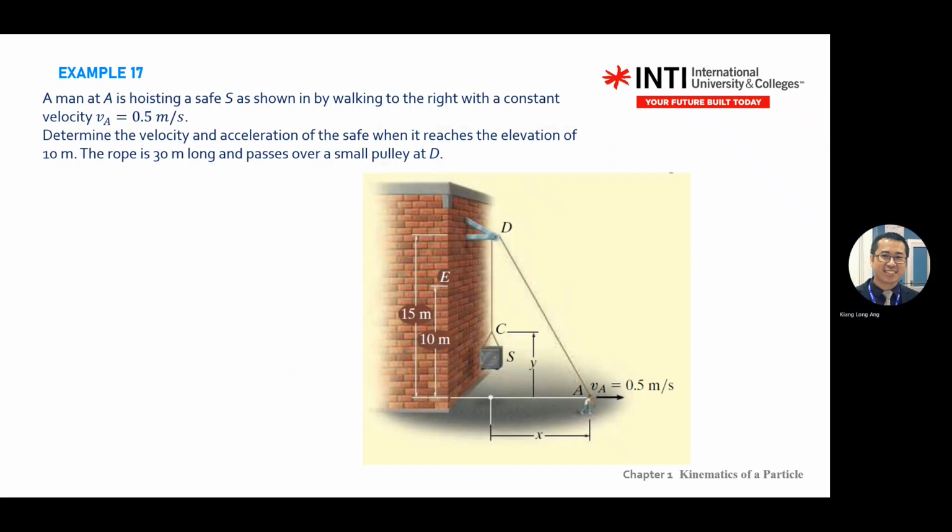Okay. Let's look at example 17. Example 17 is a construction example. There's a man hoisting a safe S, this one, by walking to the right at a constant velocity. So this safe, this object S, is pinned to the pulley D, and then pulled, and then moves in VA.